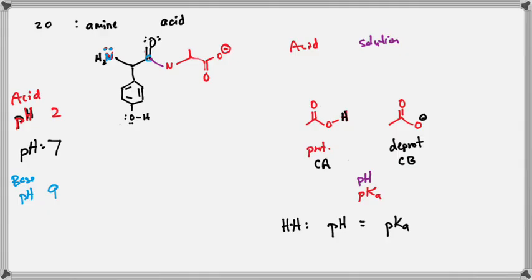Plus the log of the conjugate base, A minus, over the weak acid, and those are concentrations. So when you told me at pH 7 that you knew that structure should be negatively charged, you actually did all of this mathematics to tell me that.